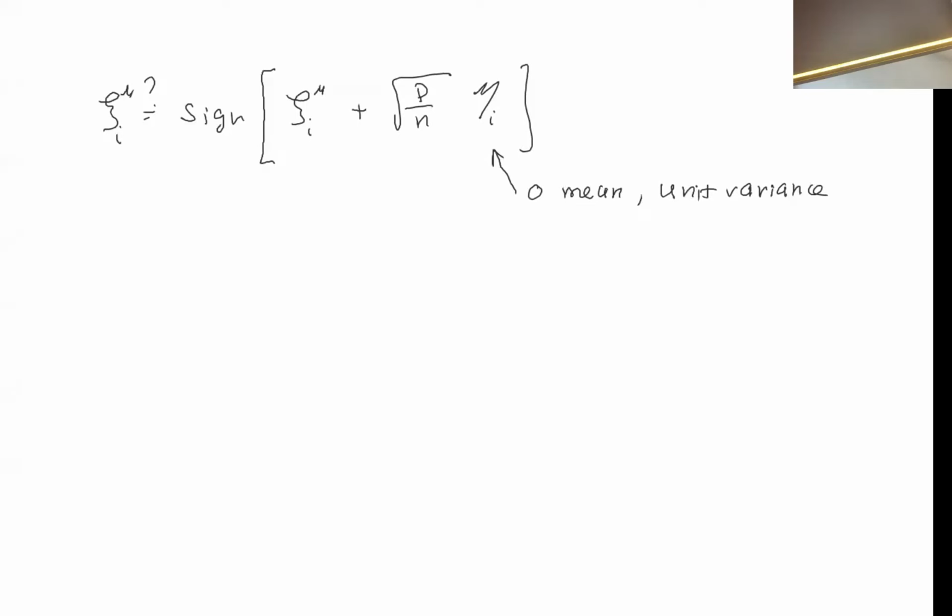So what's the picture? The picture is, here's sort of the squiggle axis. This is +1, and this is -1. And if you look at what goes inside here, it's a random variable at squiggle i mu. So squiggle i mu is 1. This noise means there's some randomness around this.